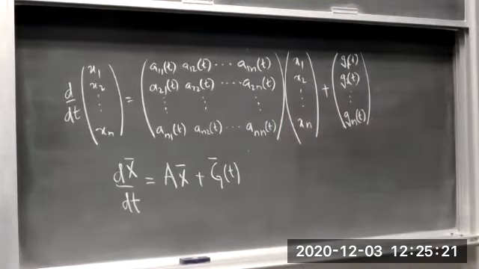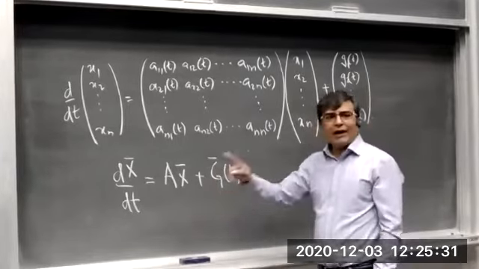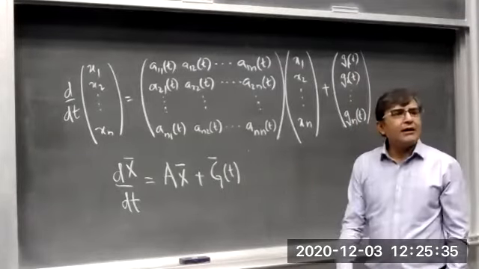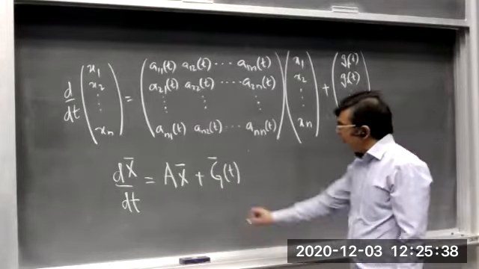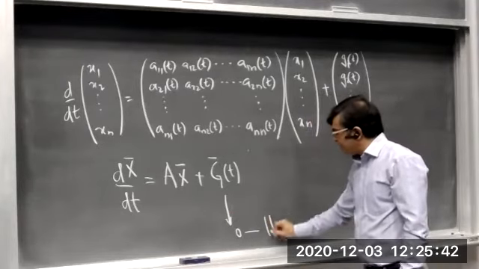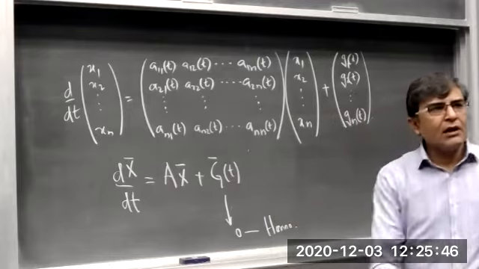This is your general nth order system, because it has n differential equations with n unknown variables. So this is a system of n first order linear non-homogeneous ODEs. If G is 0, then we call it a homogeneous linear system. I hope you get it.